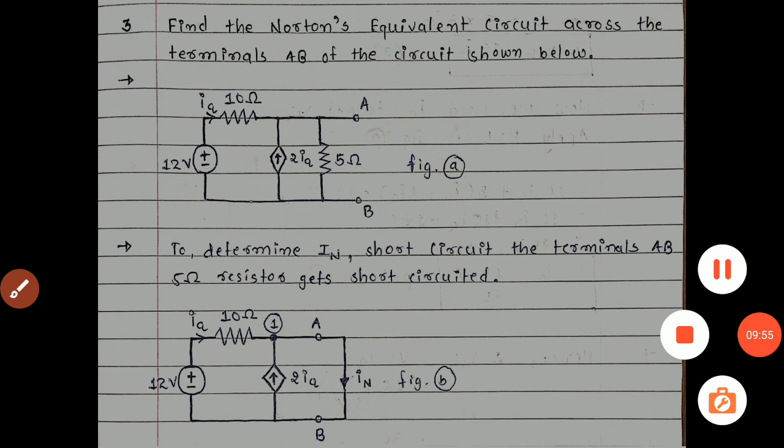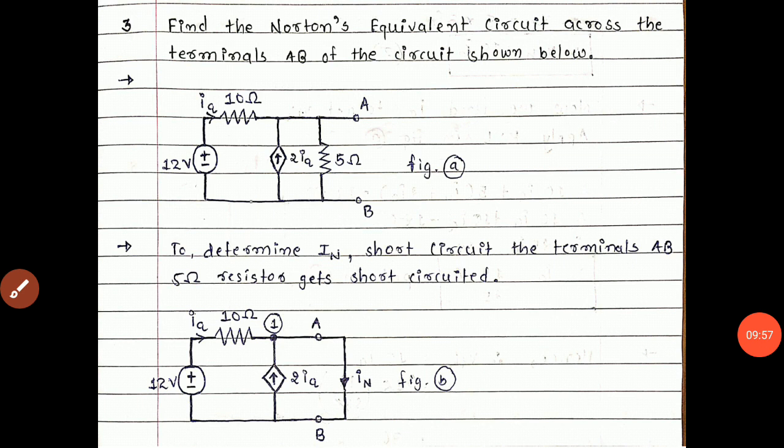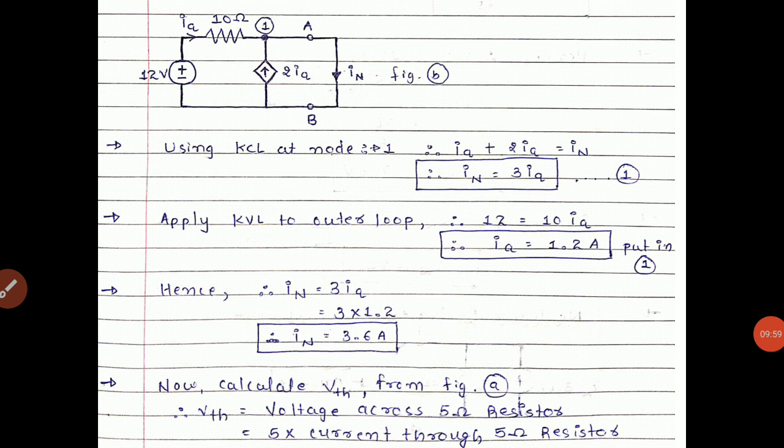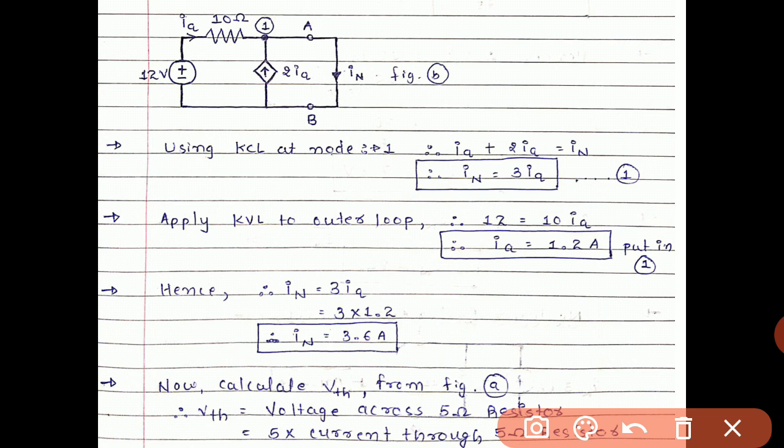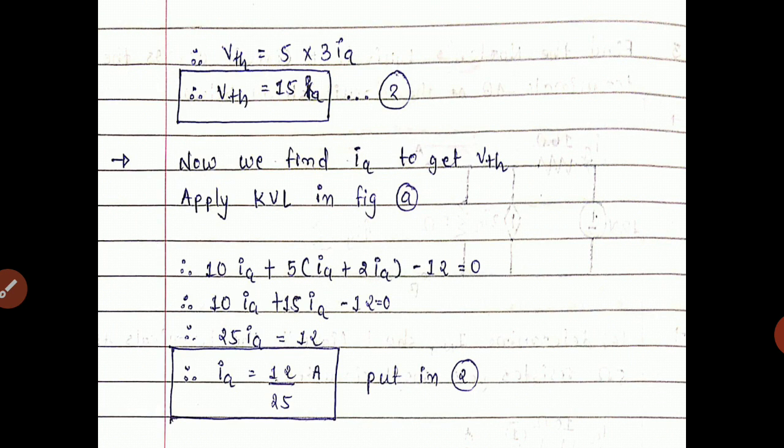To find it, we need 5 multiplied by the current through the 5 ohm resistor. So VTH equals 5 multiplied by 3IA.